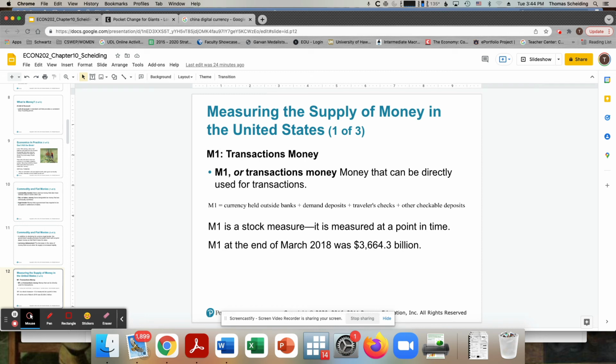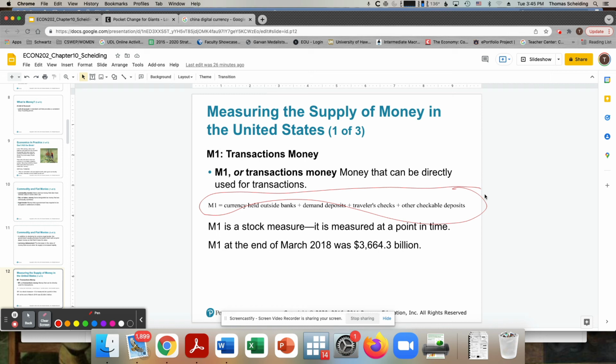And you can see with the components that it includes things that are pretty much cash, which is currency, checking accounts, traveler's checks. You don't really see those too often, and other kinds of checkable deposits, things that you can write checks on. Those things are basically accepted as cash, not debit cards.